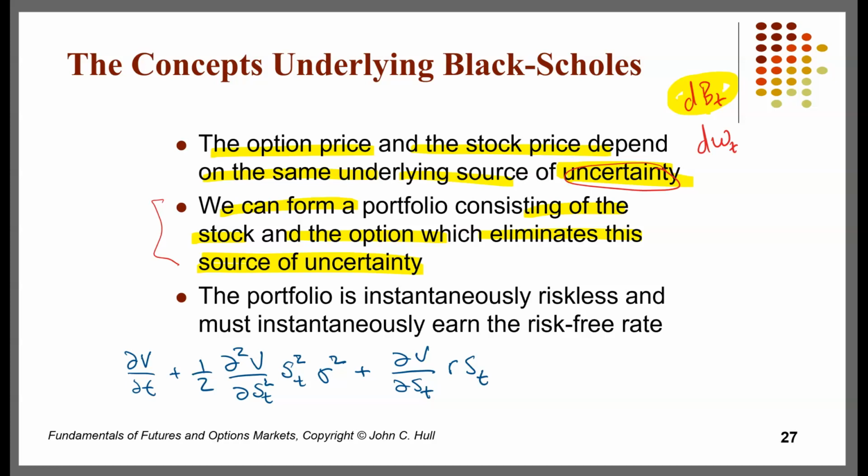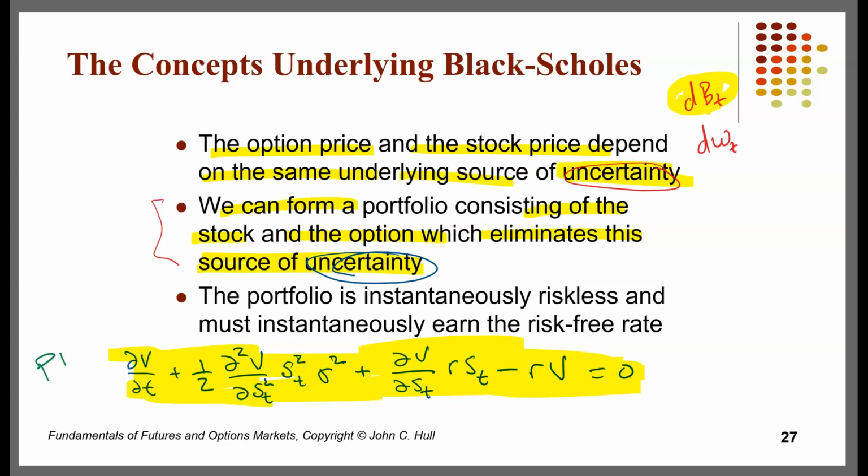Remember that this is derived from the idea that we have eliminated the uncertainty, so we are earning the risk-free rate of return here, not mu. And we subtract r multiplied by the value of the option, and that's equal to 0. This expression is known as the PDE, the partial differential equation for Black-Scholes.